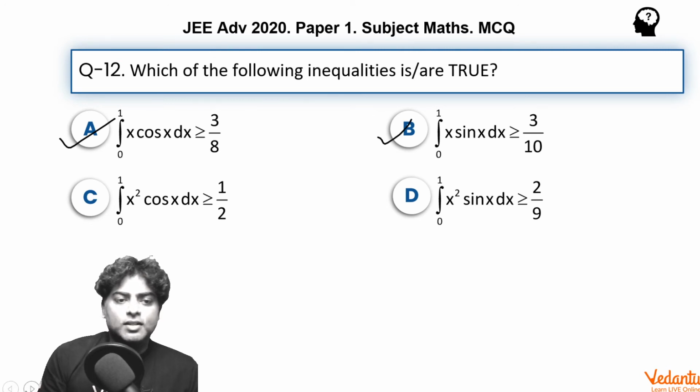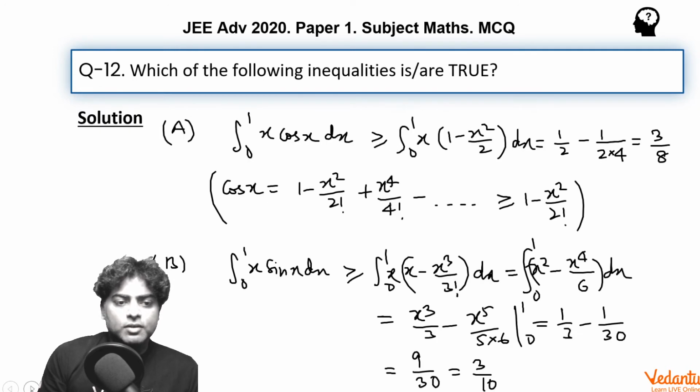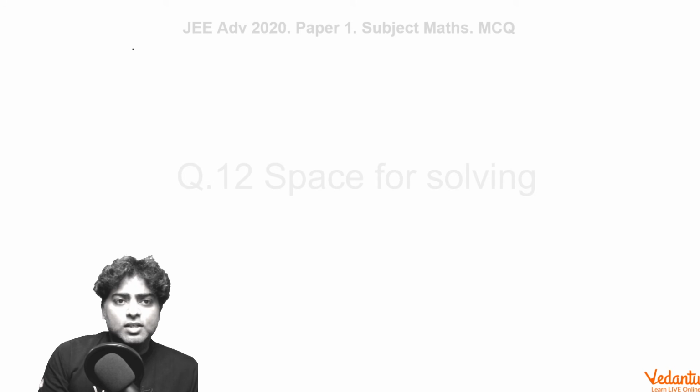Coming to the options, you can see that option B is correct. In a similar manner, consider option C, x square cos x.